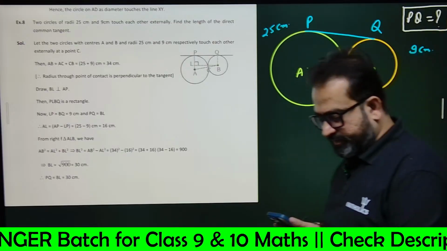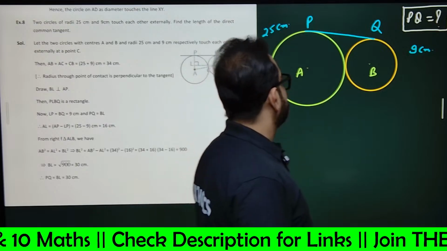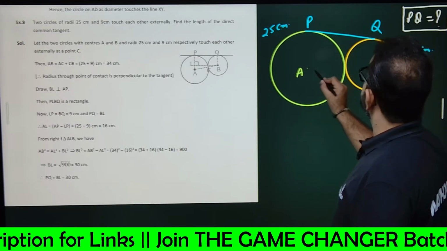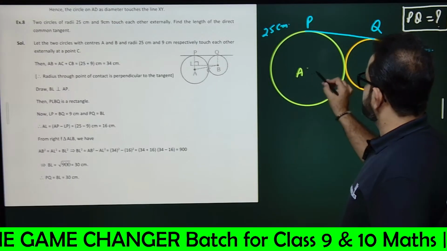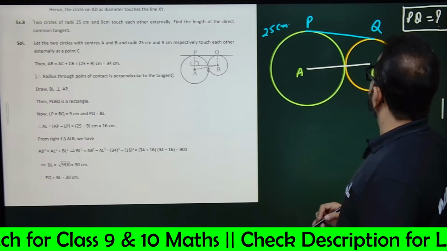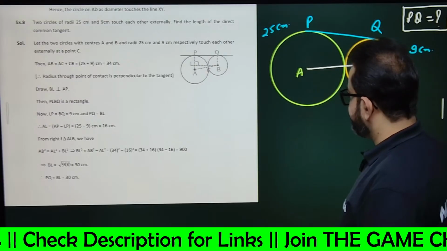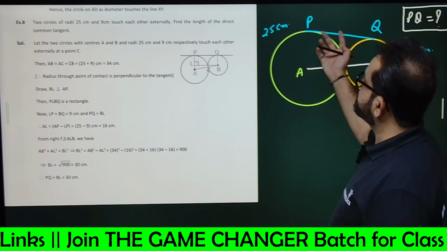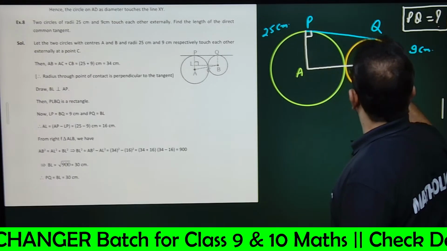See, very beautiful question and a very amazing trick we will be using in this question. If you connect the center of this circle to this point, this is 90 degrees, yes or no?